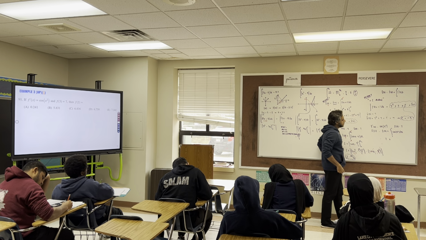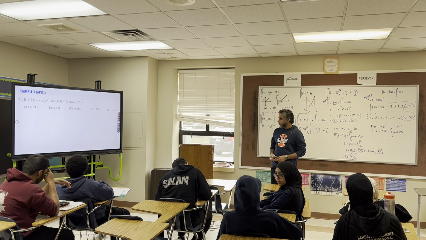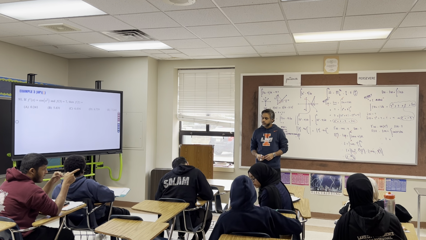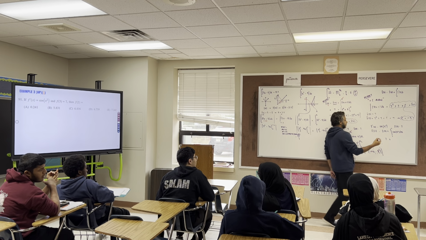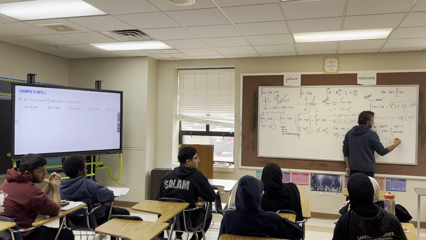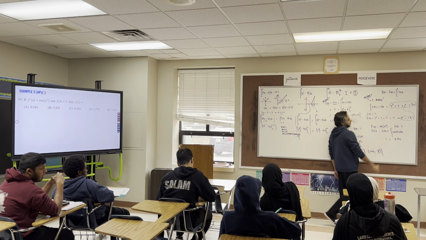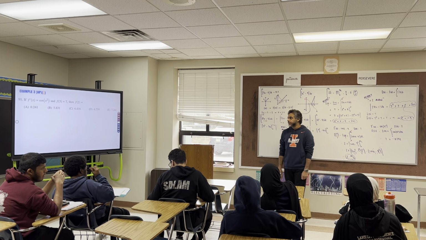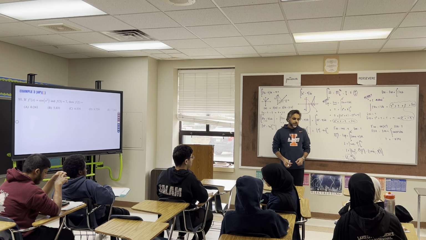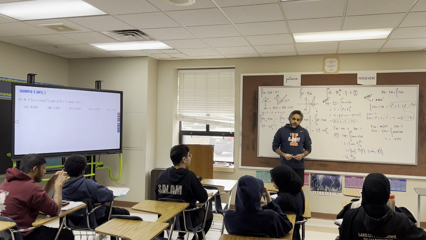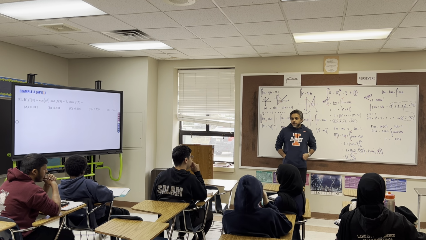I'll wait for you guys to share some results with each other. That should be negative 0.241. You're talking about the integral just by itself, right? Wait, how do we do that? So just use a calculator, type that in. Integrate cosine x squared.